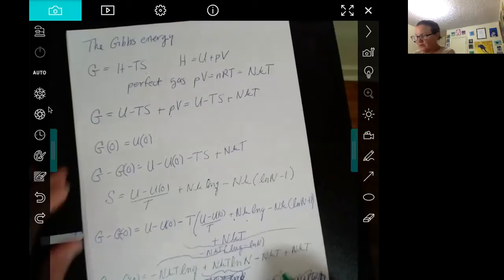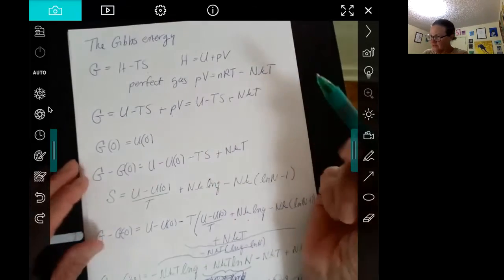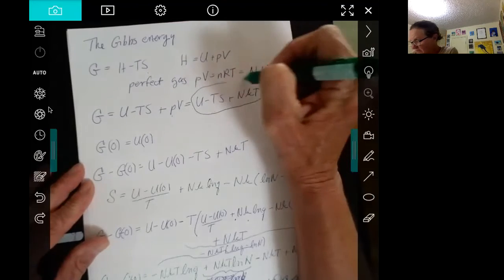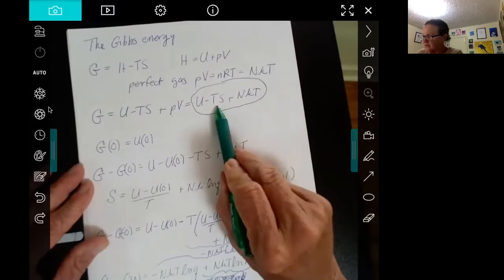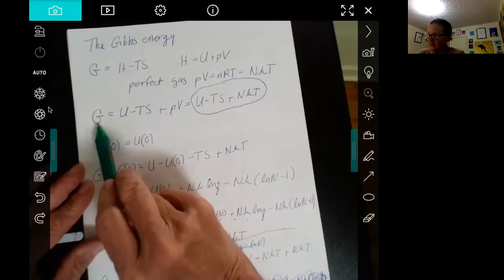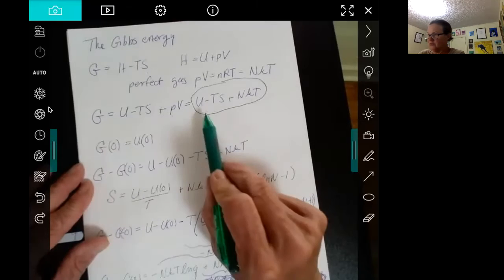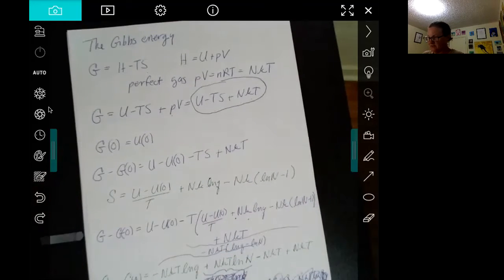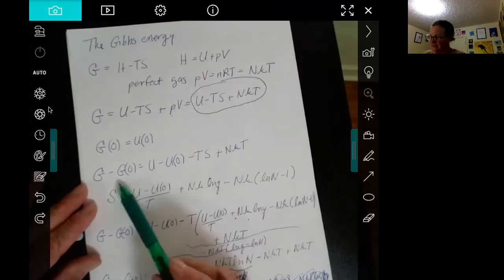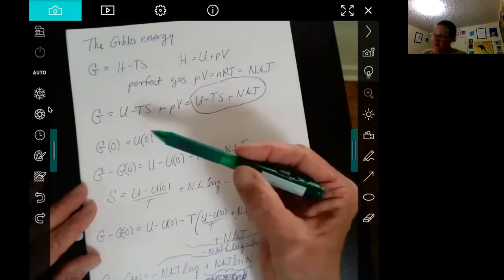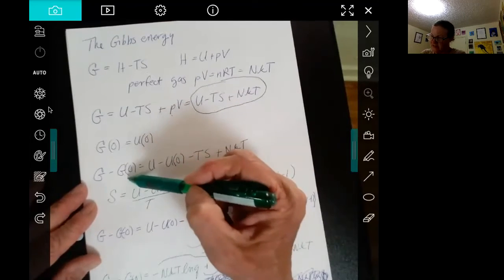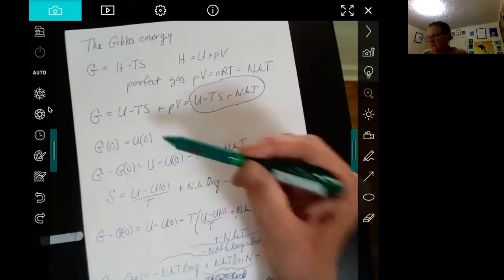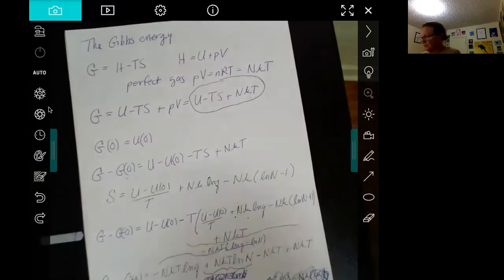Then we're going to remember that earlier, and you could look at it here too, if you look at this equation right here, if you're at absolute zero, then this term is zero and this term is zero, and therefore the Gibbs free energy at absolute zero is equal to the internal energy at absolute zero. So if you make that substitution, plug it in, what you're plugging in is you're just subtracting G0 from this side and U0 from this side, but if they're equal to each other, you're subtracting the same number from each side.